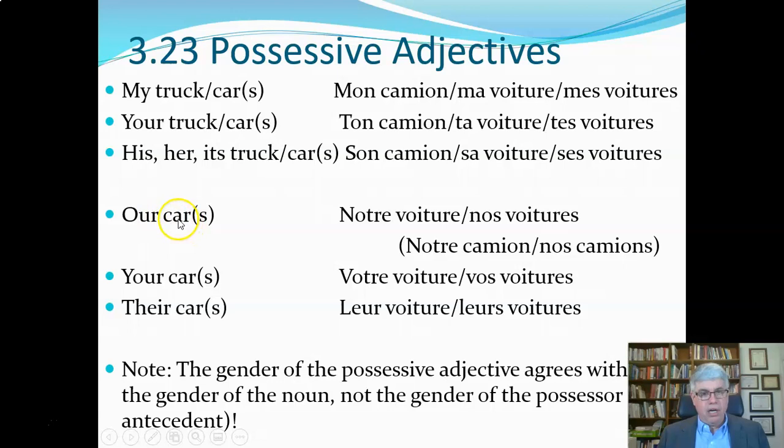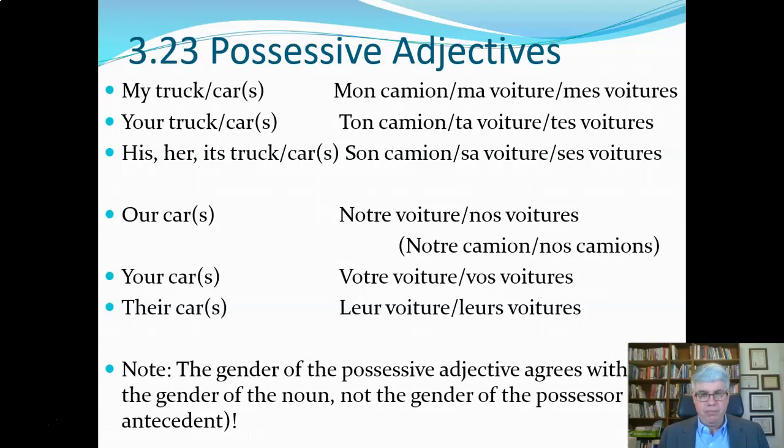So if we talk about our car or our cars, it would be notre voiture, notre meaning our, singular, and nos if we have more than one voiture. And that's the same for feminine and masculine. So notre camion and nos camions. Your car, you plural, would be votre voiture or votre camion.